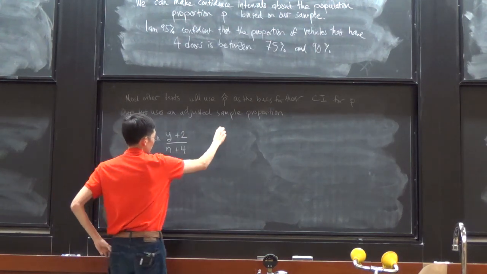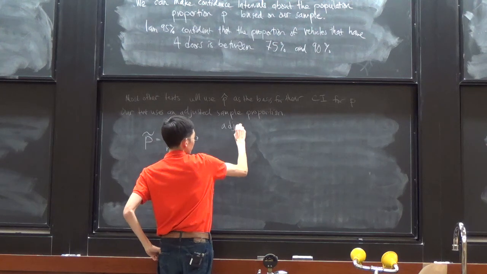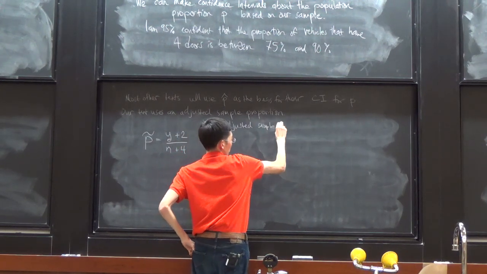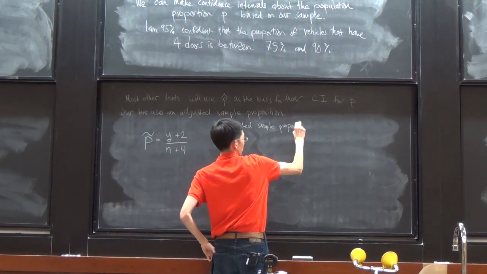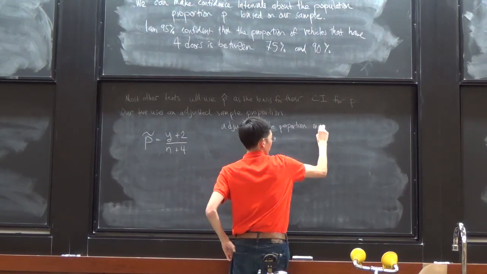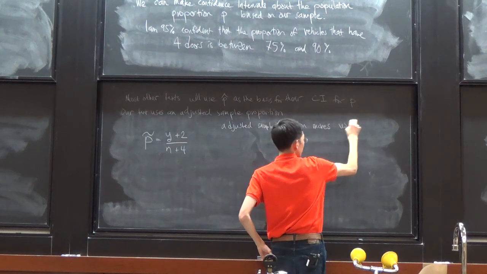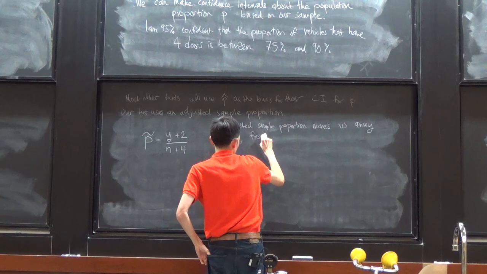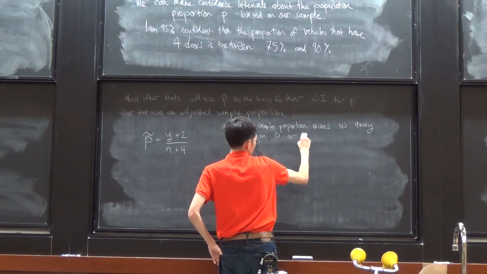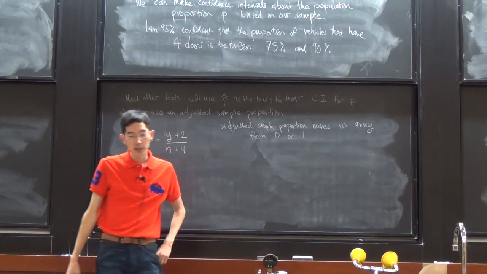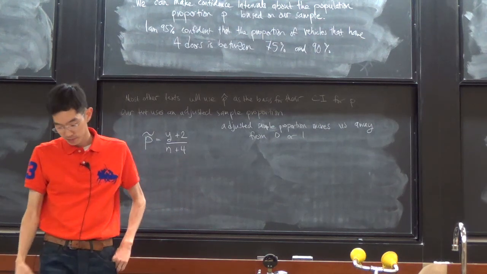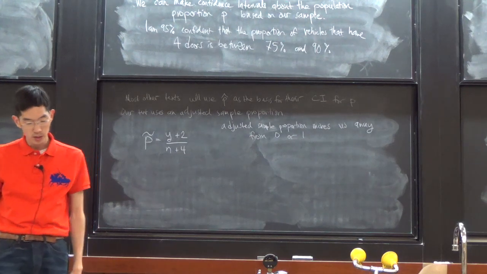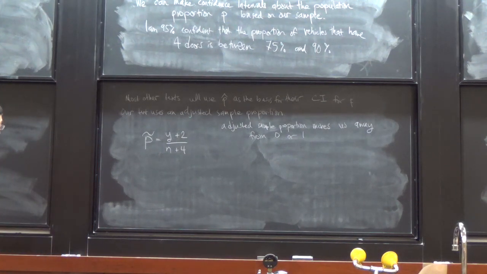So the adjusted sample proportion moves us away from 0 or 1. When it's close to the middle, it doesn't really make a difference. But this is what we use for our adjusted sample proportion, p tilde.